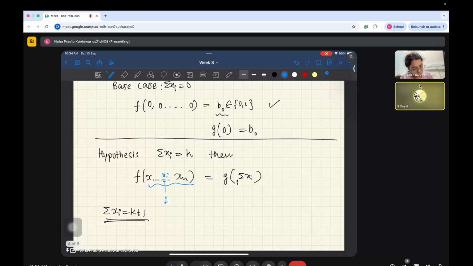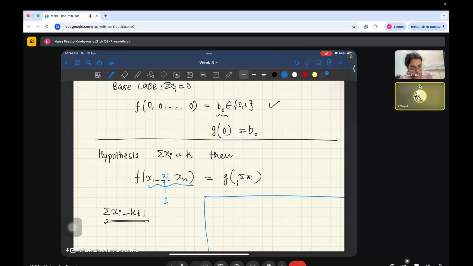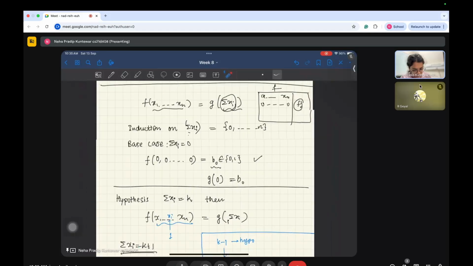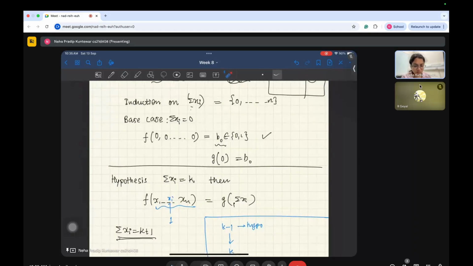In the inductive hypothesis, you could have written the summation of xi equal to k; you want to assume for k minus 1 and prove for k. But these are the same things. Assuming for k and showing for k plus 1 is equivalent.